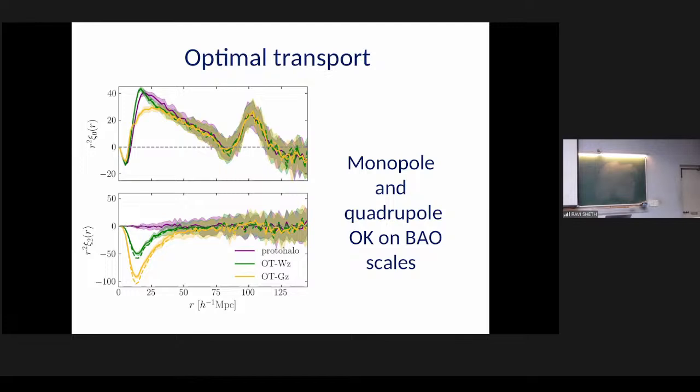Yes, correct. The survey has its shape, and you throw points at random inside that shape. And how many pairs you count also depends on how deep your survey is. Correct.